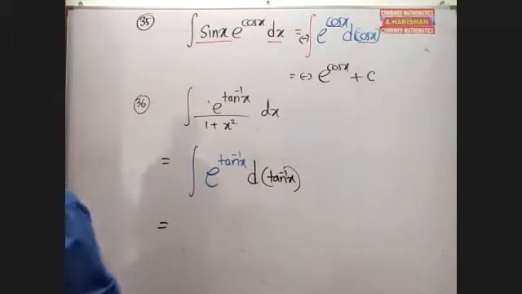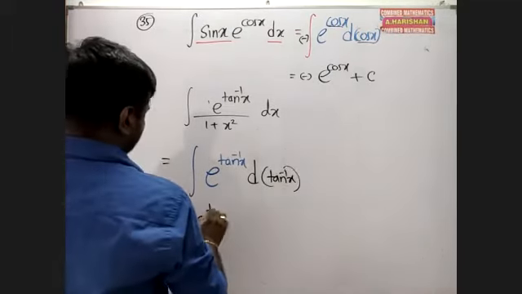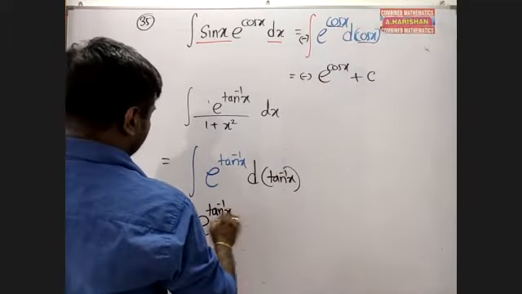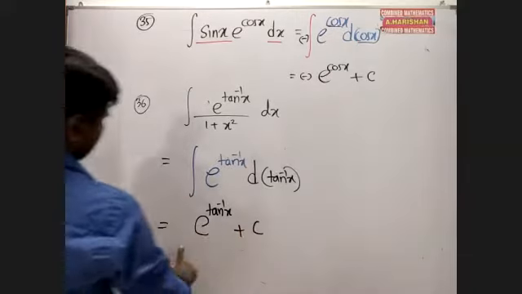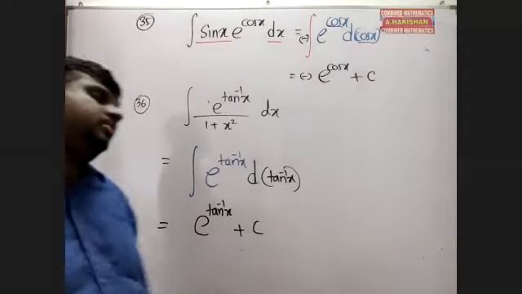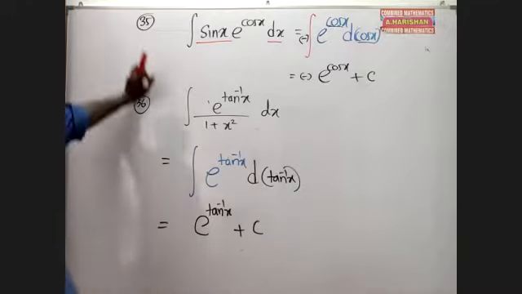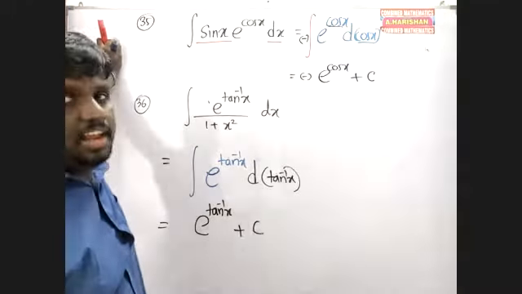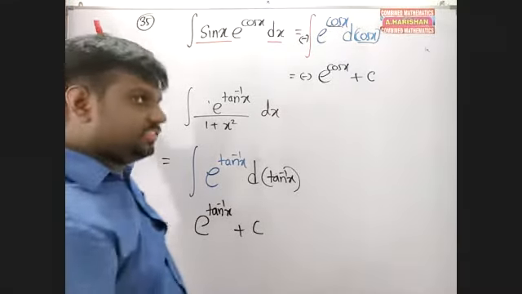Oh my goodness. Then the answer is e to the power tan inverse x plus c. That's it. Okay. Is it clear? Question number 36. Right. So we will move on to another thing.